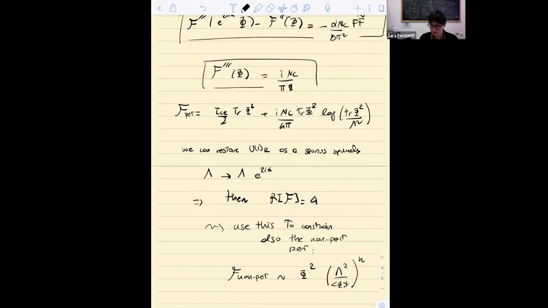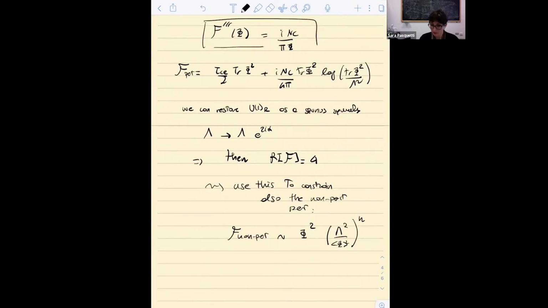Okay, so you see that lambda and phi rotate in the same way. So overall, this gadget F non-perturbative will just rotate under U(1)_R only as phi squared. So this basically constrains the form of the possible non-perturbative contribution so that it is consistent with the spurious U(1)_R symmetry.